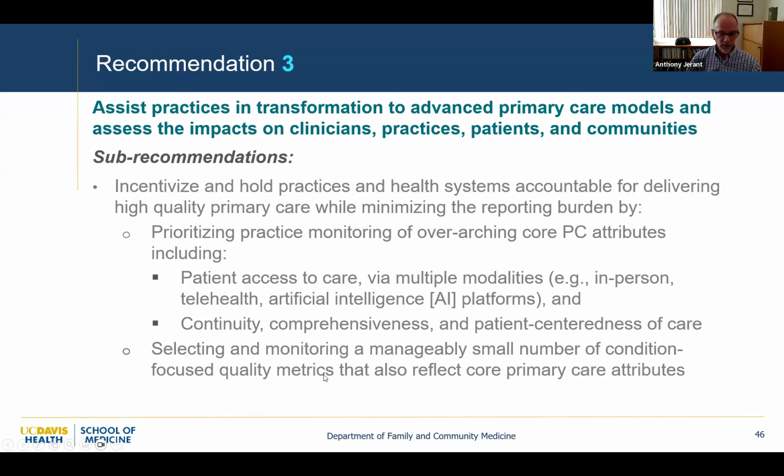If you're going to pick these, which we probably should, they should be core. They should also reflect core primary care attributes, and they should be important things that we see every day and that we really can manage, that primary care can really be expected to influence because we see it a lot and they have major impact on health.